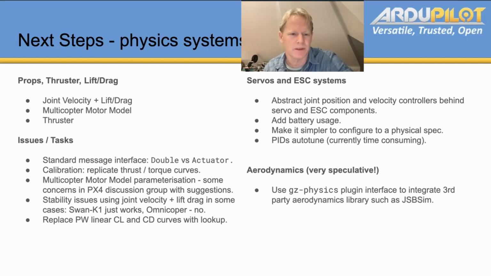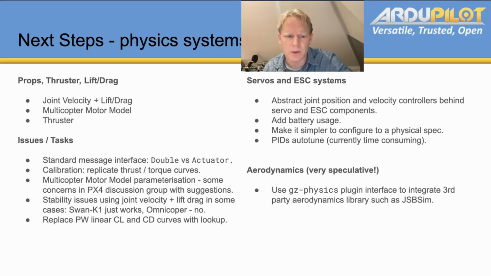So there's a question of how can you improve them? There are three different methods of providing thrust for quadcopters. There are two main ones. You can either control a joint velocity and then apply lift and drag to the rotors, or there's a dedicated model for doing that. They have slightly different interfaces, and so they're a little bit different to get to. It'd be nice to homogenize those, and I think there's some work to do that.